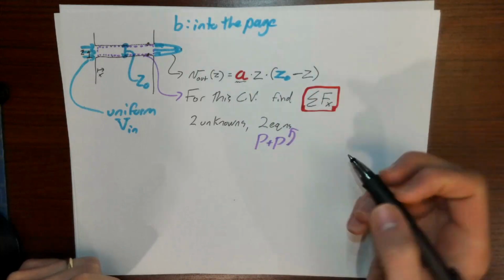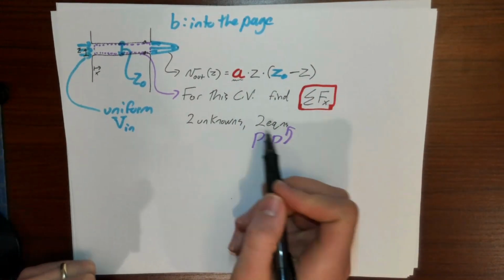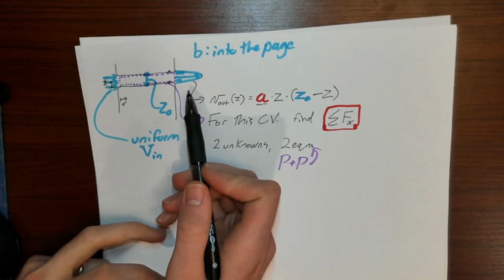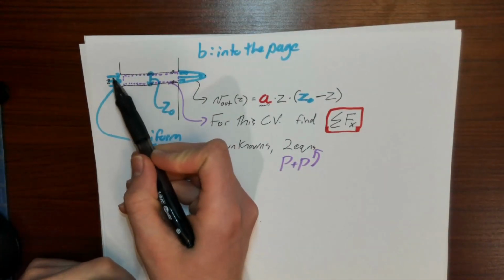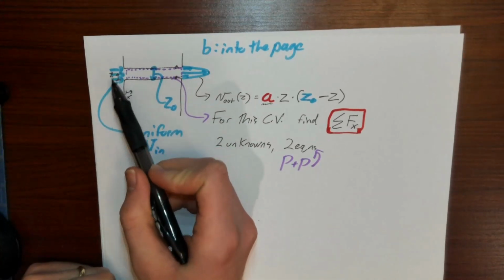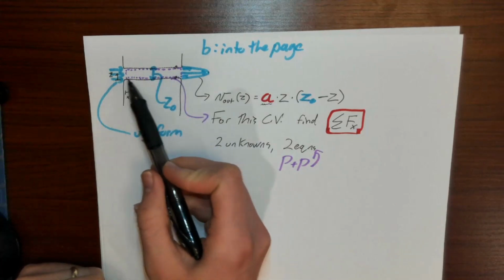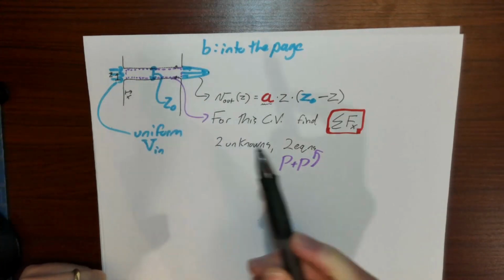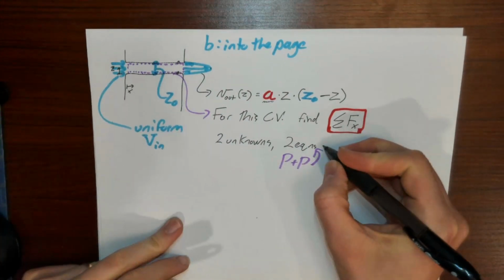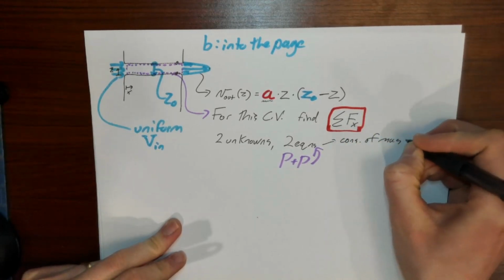So hopefully you've had a chance to pause and ponder. If we think about it, we have information about the inlet mass flow rate, inlet velocities and so on, but we don't know information about the outlet. So hopefully we'll be able to relate these two via conservation of mass. So one of our equations is going to be conservation of mass.